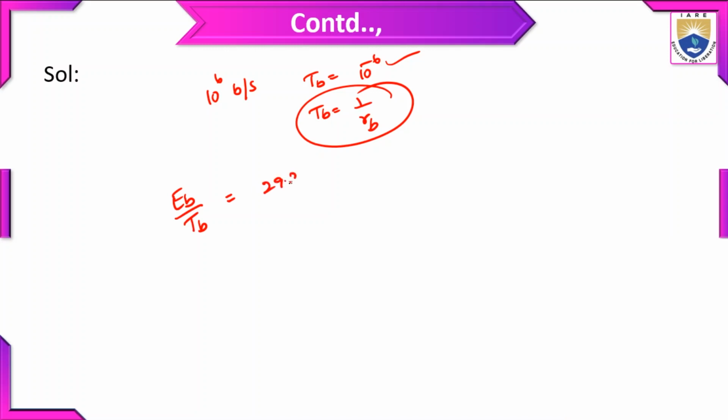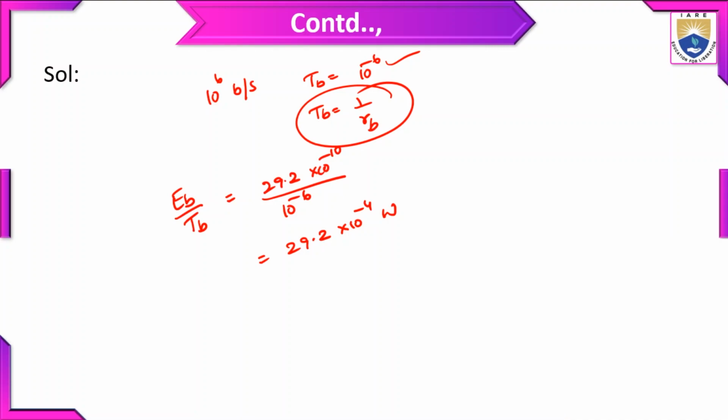So 29.2 into 10 power minus 10 divided by 10 power minus 6. So finally 29.2 into 10 power minus 4 watts. This is the average carrier power.